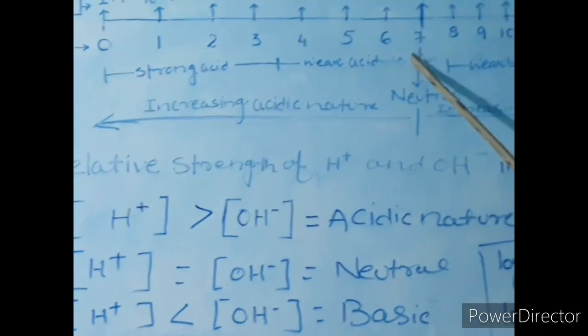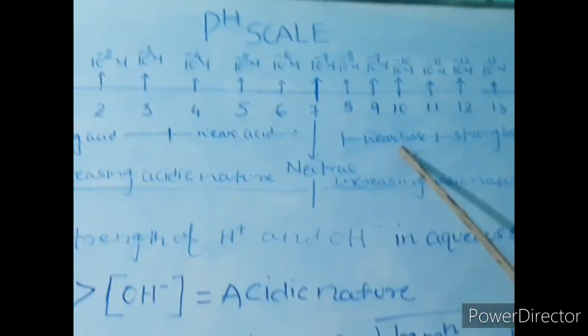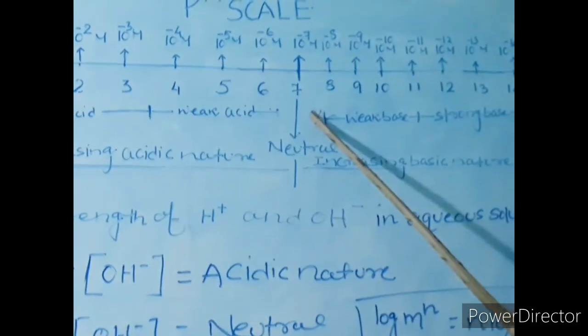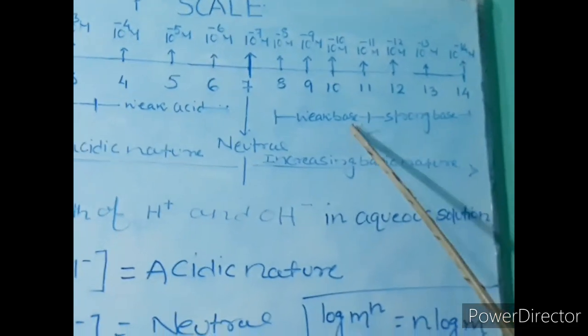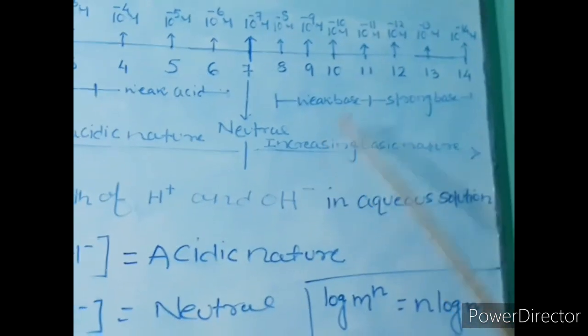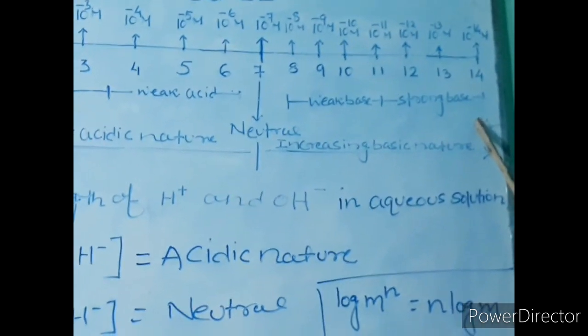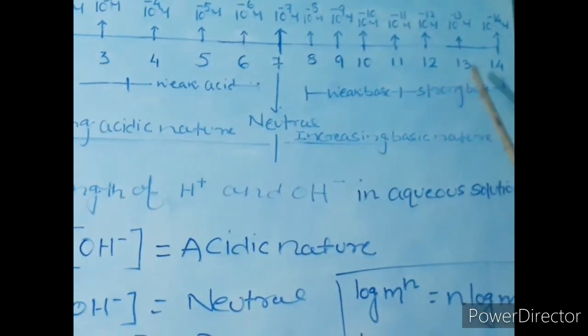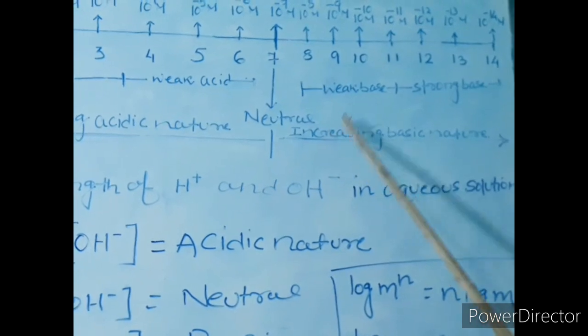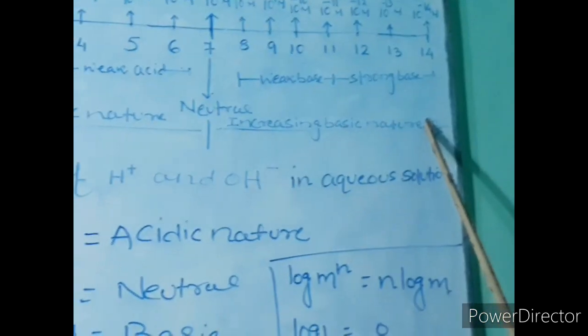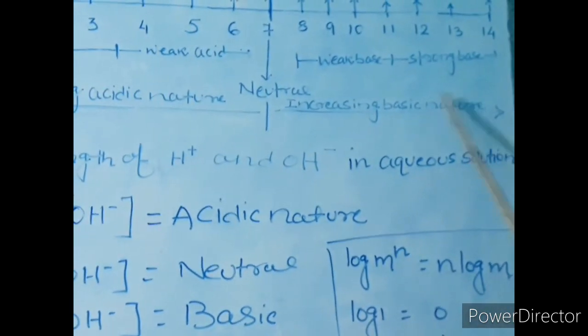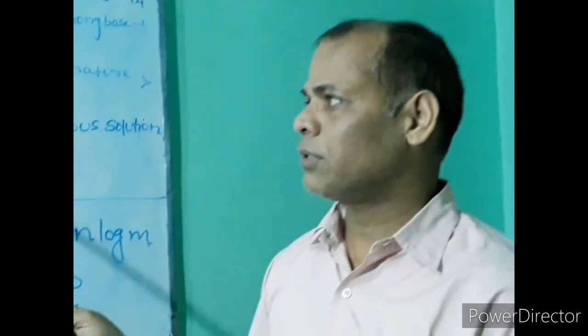Up to 3 comes under strong acid, and 4, 5, 6 come under weak acid. Similarly, the higher the pH, the more the basic nature. So if the value increases, the basic behavior also increases. Hopefully you understood, dear students.